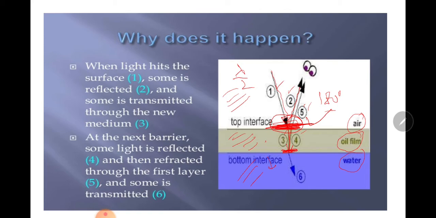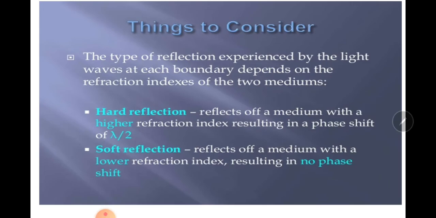At the next barrier, some light is reflected and then refracted through the first layer, and some is transmitted. Now, things to be considered: the type of reflection experienced by the light waves at each boundary depends upon the refractive indexes of the two media. Hard reflection: reflecting off a medium with a higher refractive index, resulting in a phase shift of 180 degrees.